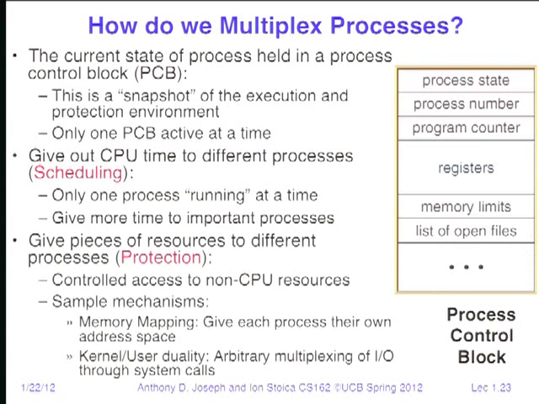Now, the second part of this is protection, where we want to control access to non-CPU resources. Two examples are memory mapping, where we give each process its own address space so that one process can't access the memory of another process, and controlled access to the kernel, or the operating system, which we use to control access to I/O devices.